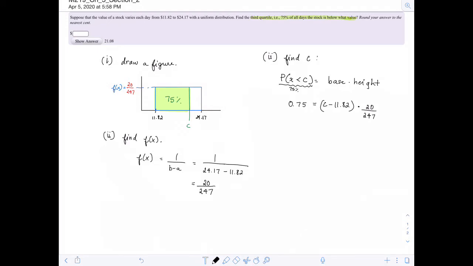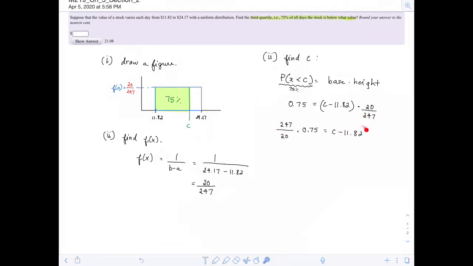So just doing a little simple arithmetic, playing around right away, I can get 247 divided by 20 times 0.75 equal to C minus 11.82, right? Because I can multiply by this reciprocal on each side, which I did.